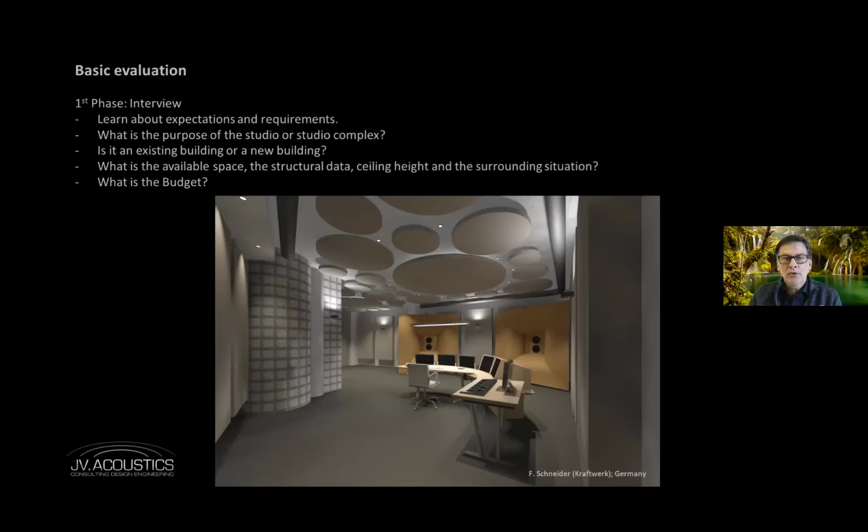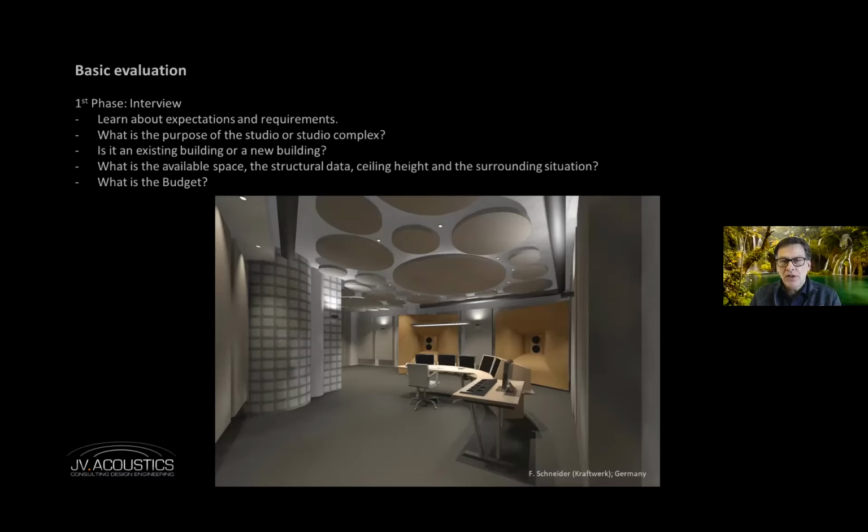What is the purpose of the studio or studio complex? Is it a dubbing stage? Is it made for recording orchestras? Is it mixing theater, and so on? And there are some differences which are very important for later on. Then, is it an existing building or is it a new building? What's the available space?